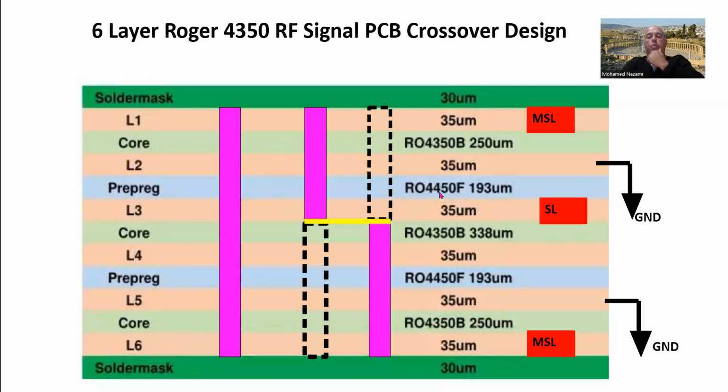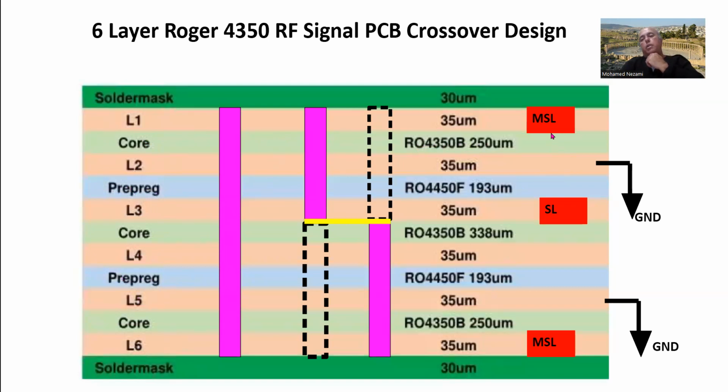This is RO4450F, which has a close dielectric constant to the Rogers 4350B. So we have 6 layers: copper 1, copper 2, copper 3, copper 4, copper 5, copper 6. We have the bottom, the top, and the inner coppers, and then we have the cores, 3 cores and 2 prepregs.